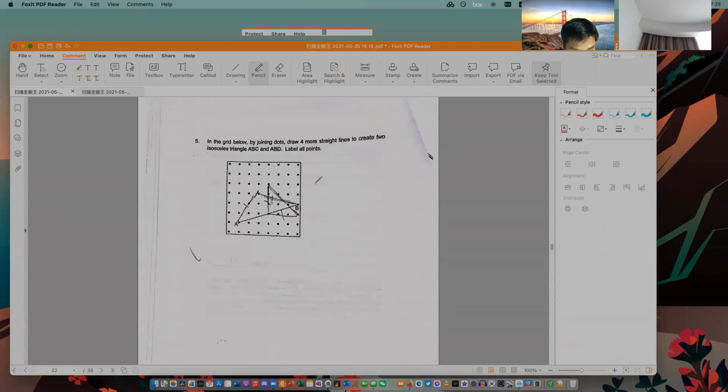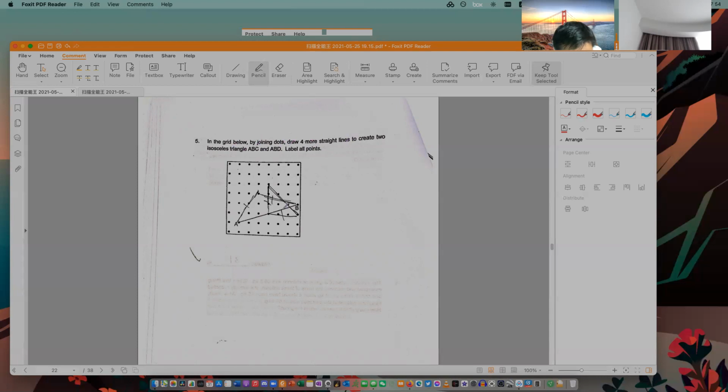So what's this? Over here it says, in the grid below, by joining dots, they give you AB already. Draw 4 more straight lines to create 2 isosceles triangles ABC and ABD. Label all points.